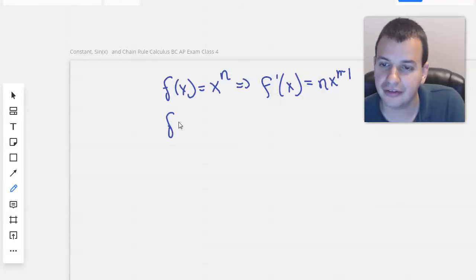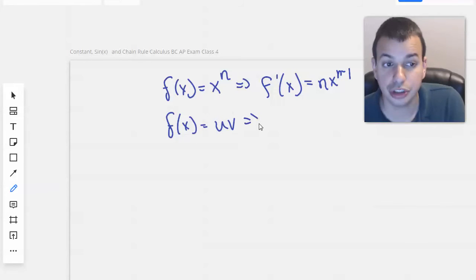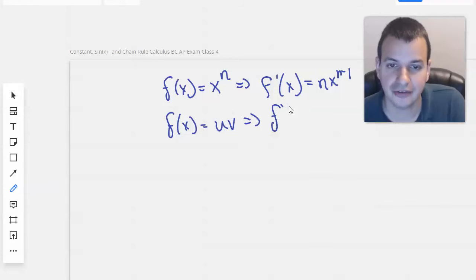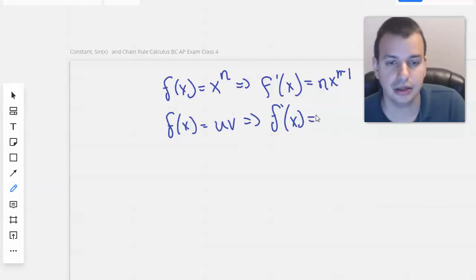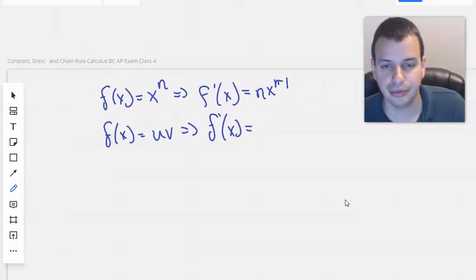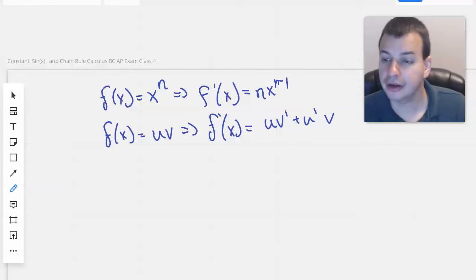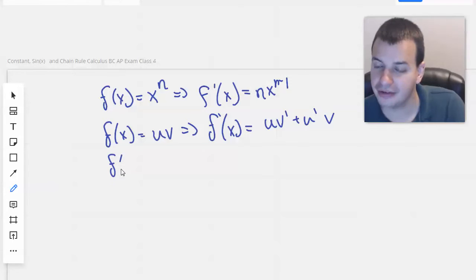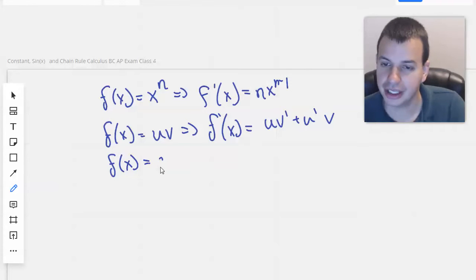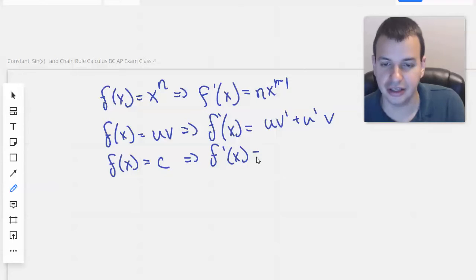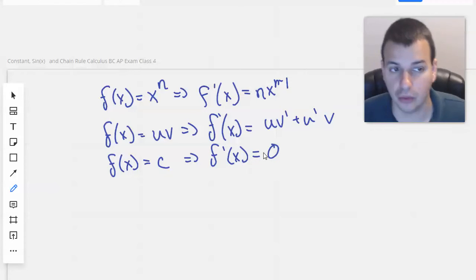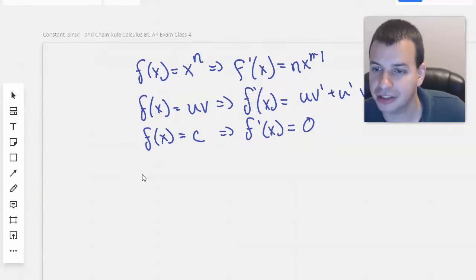And if we have f of x equals u times v, where u and v are both functions of x, then f prime of x would be uv' plus u'v. Then f of x equals a constant implies that the derivative of f of x equals 0.